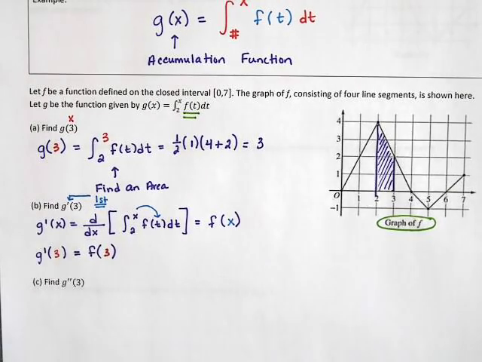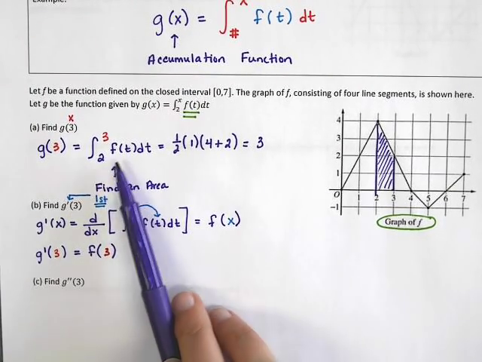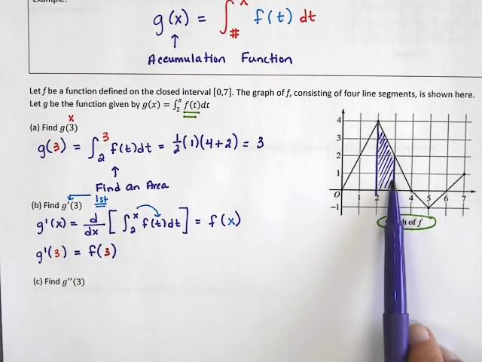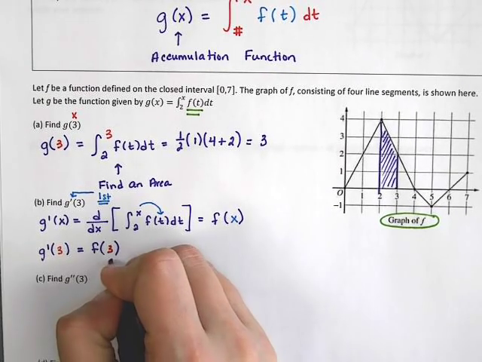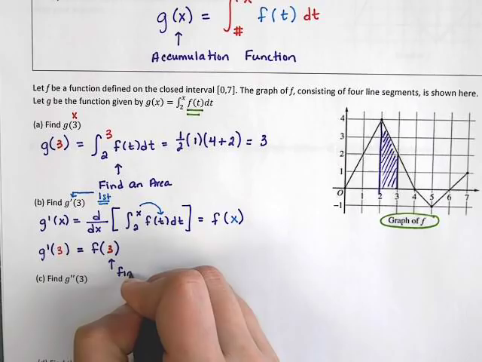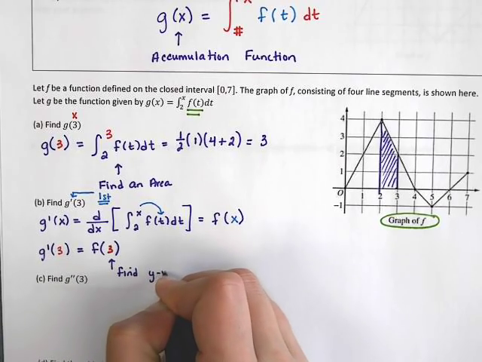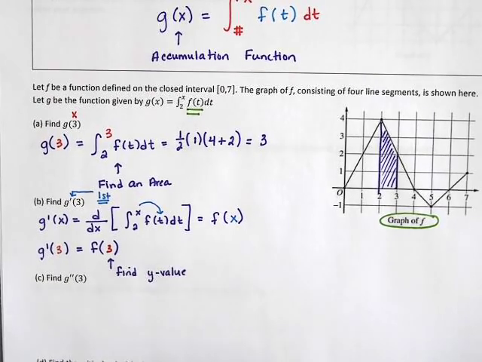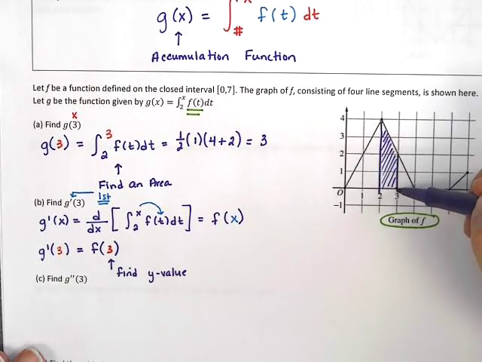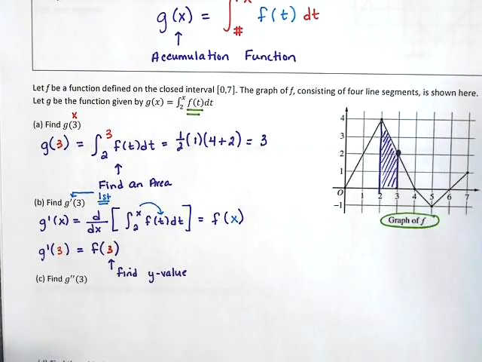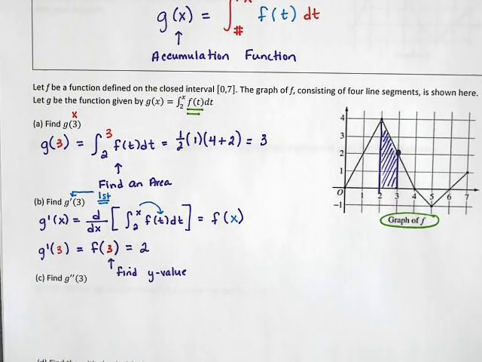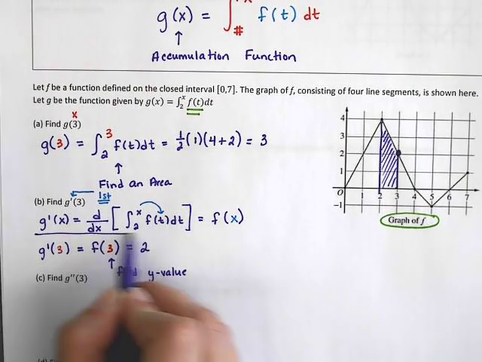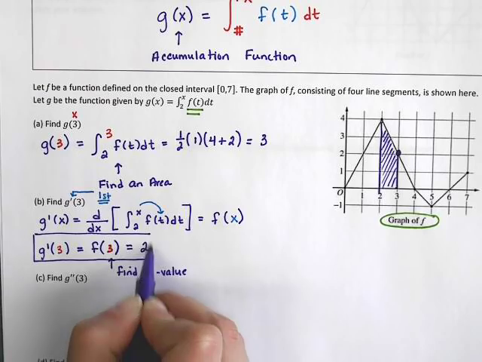Now if I think about what this means, finding the integral meant finding the area, but finding f of 3 just means find the y value. So if I look at this graph, when x is 3, the y value is 2. So my answer would just be 2. I should probably put a box around that so we can read our work more neatly.